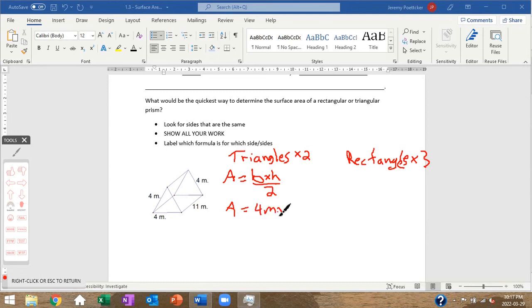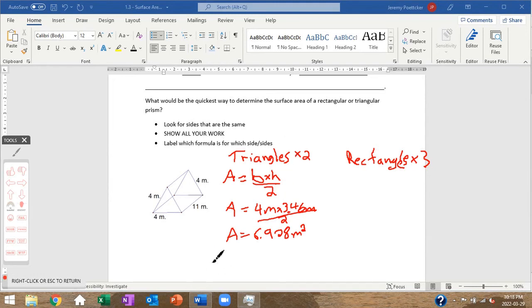So base is 4 meters times the height, 3.464, divided by 2. So the area of one triangle, when I punch that onto my calculator, I end up with 6.928 meters squared.